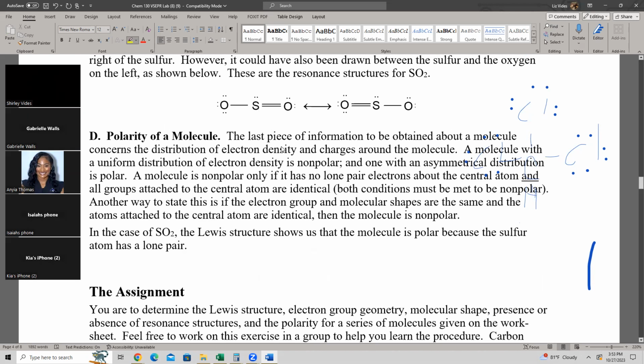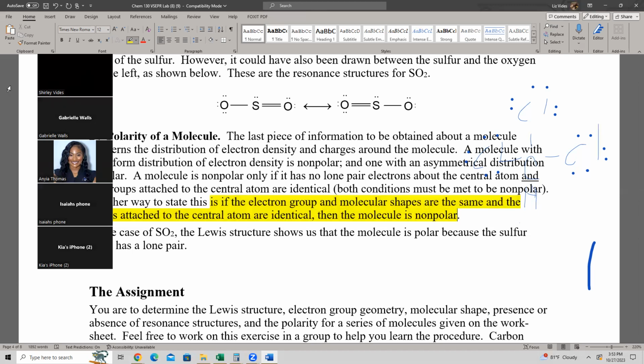Okay, so another way to state this is if the electron group and molecular shapes are the same and the atoms attached to the central atom are identical, then the molecule is nonpolar. But in this case, this guy right here is not the same.